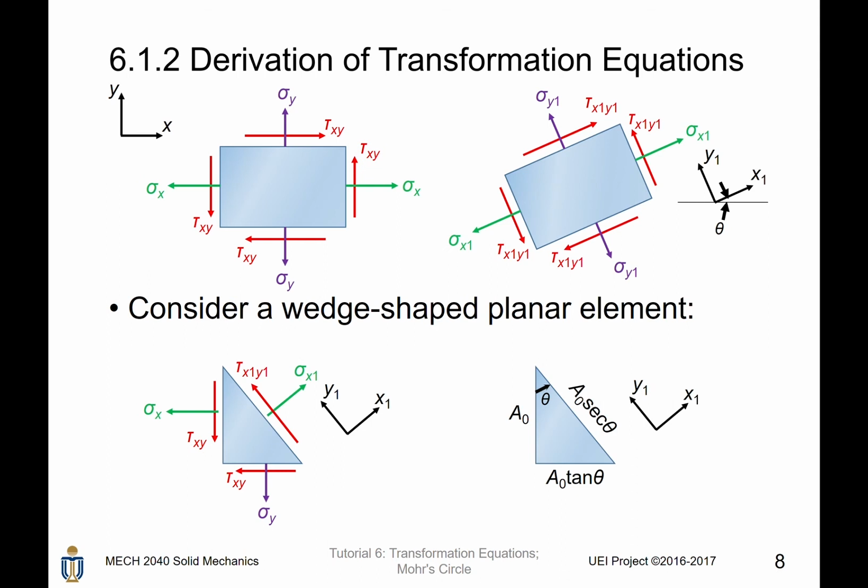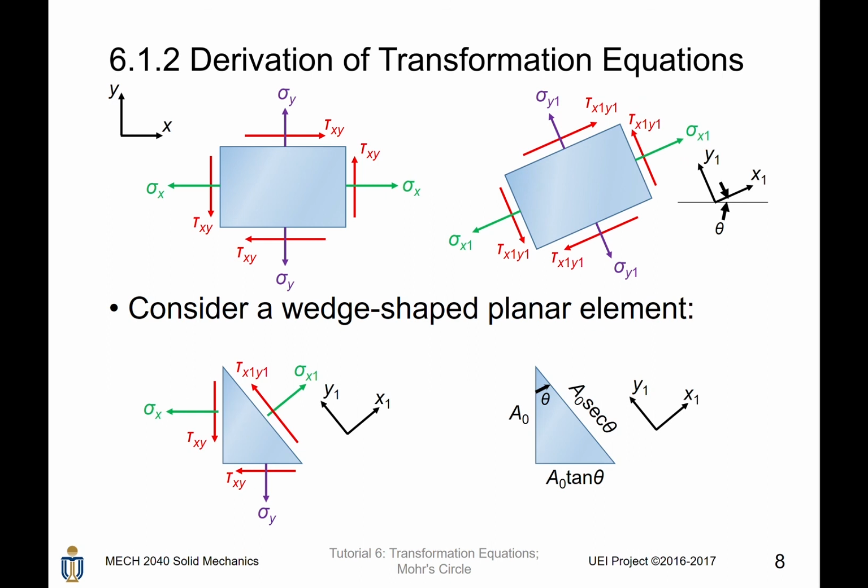Now, if we try to incline this stress element and we create an x1, y1 coordinate system, then after the stress element is rotated, the stresses on this piece of stress element will still be 2 pairs of direct stress and the 4 shear stresses on the surface.